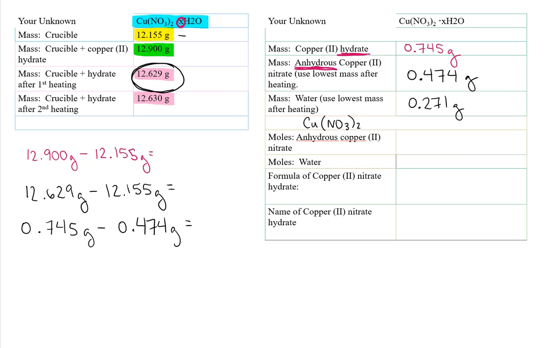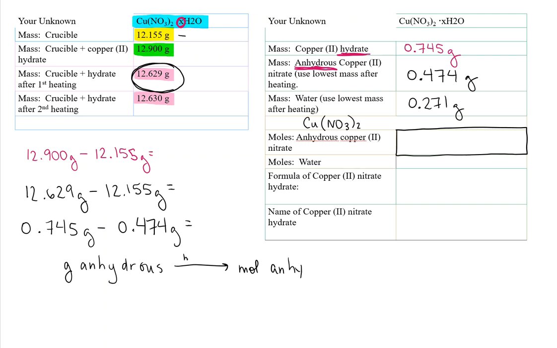So I'm going to leave this one for you guys to do on your own, to go from the grams of the anhydrous to the moles of the anhydrous. You need the molar mass of that anhydrous, just the copper 2 nitrate, no waters associated with it. Okay, so I'm going to label this with a star. When you figure that out, the answer to the star goes there.